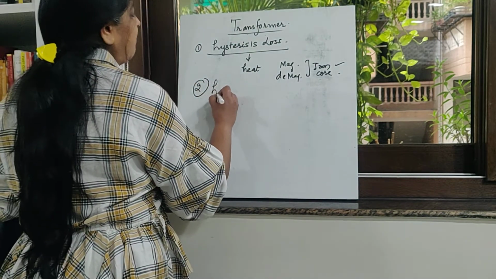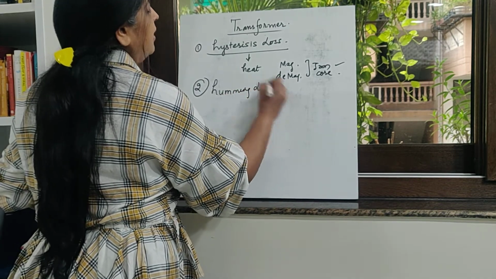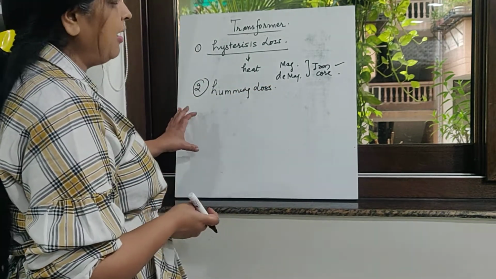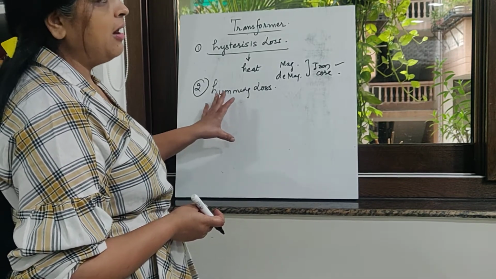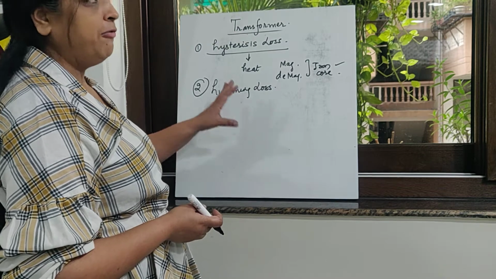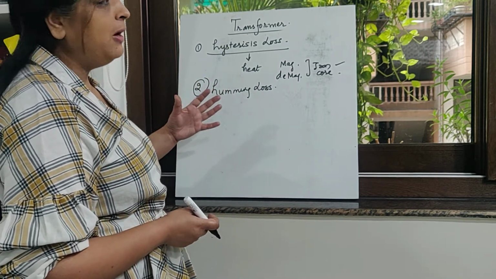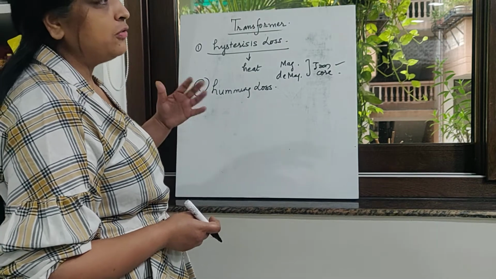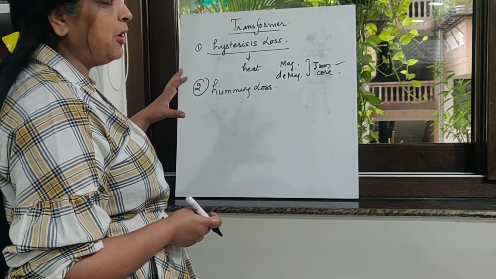Then the other is the humming loss. Now what is humming loss? When a high voltage AC is applied to the primary coil, there are a large number of windings over there. If you manage to see a transformer, there are a large number of windings on it, and a high voltage is being given to the primary coil.